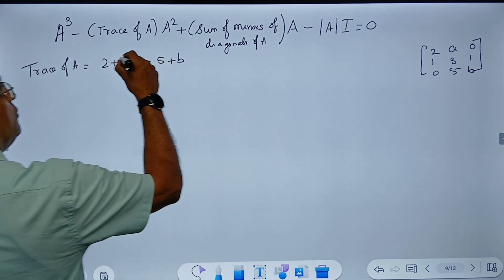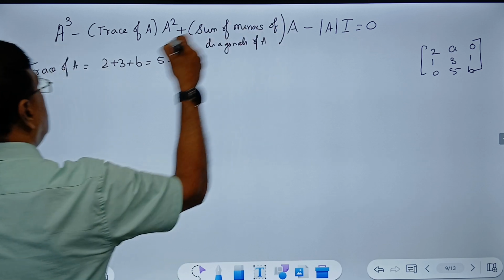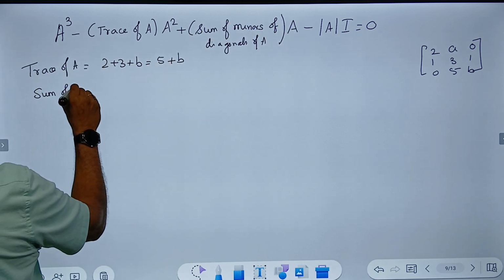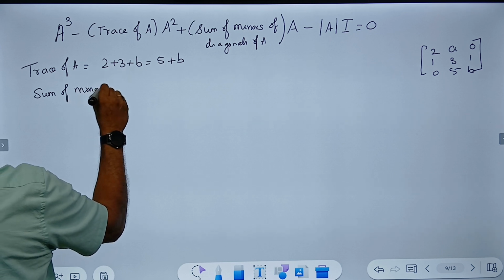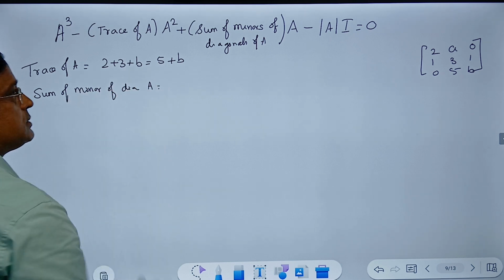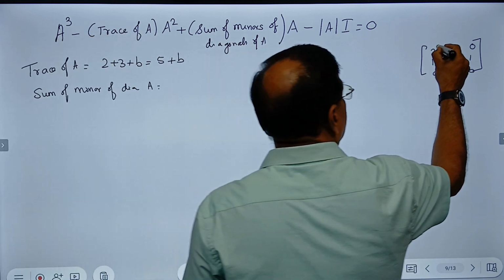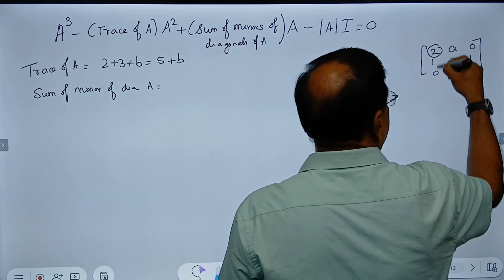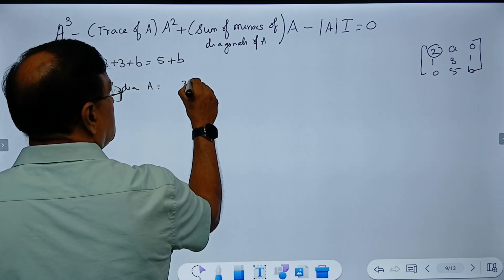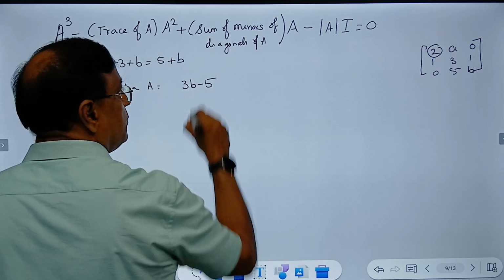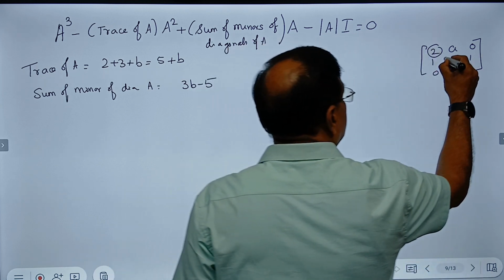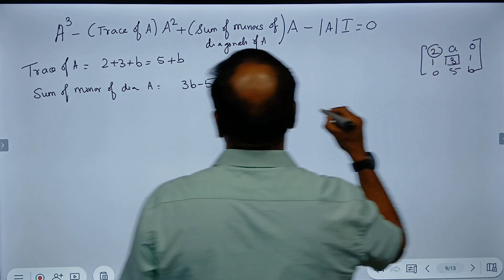Now I want to find the sum of the minors of the diagonals of A. Okay, let's look at the minor of 2. Leave that row, leave that column, it will be 3b minus 5. That's a diagonal element, 3b minus 5. Then what is the minor of 3?